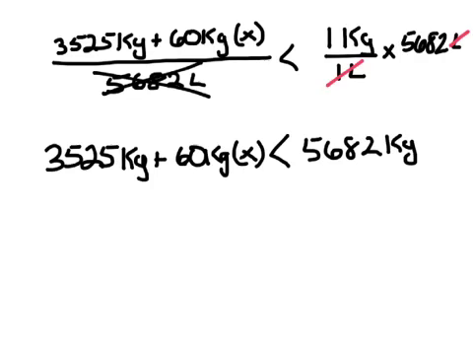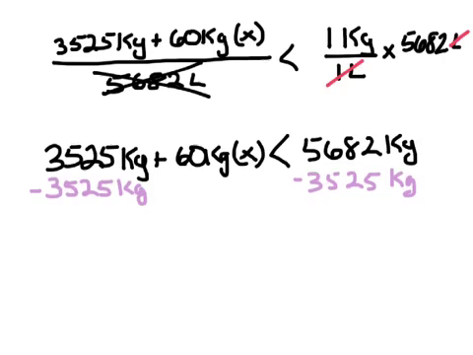Now I think it probably wouldn't be too hard for you to see that the next thing we need to do is subtract 3,525 kilograms. So minus 3,525 kilograms. Remember, our whole goal is to get x by itself. Minus 3,525 kilograms.